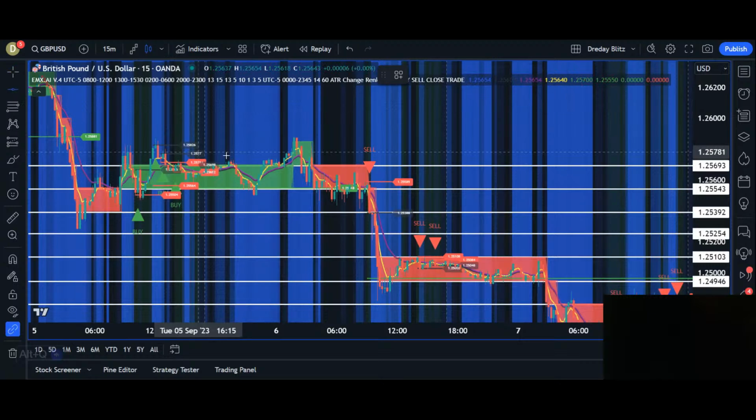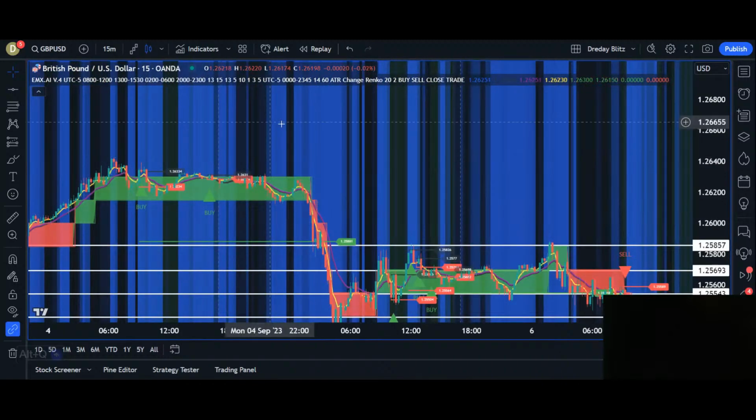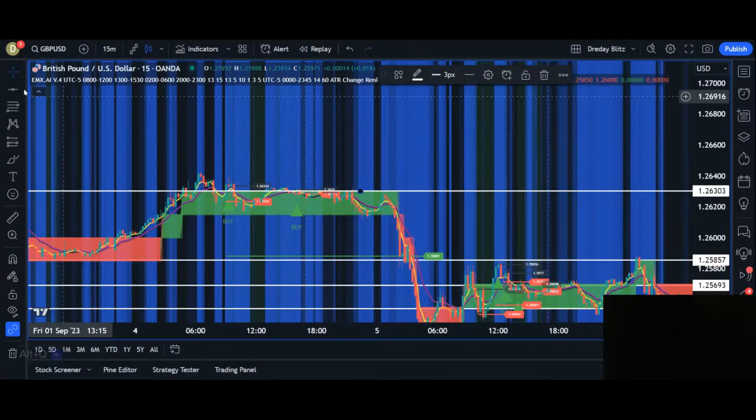Another one here. So right now we're in September. So the price went way up there. So now it seems it's trying to go in.